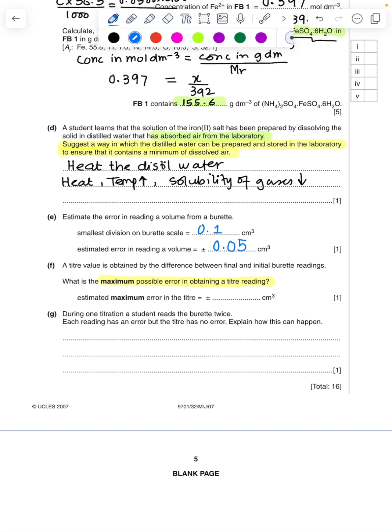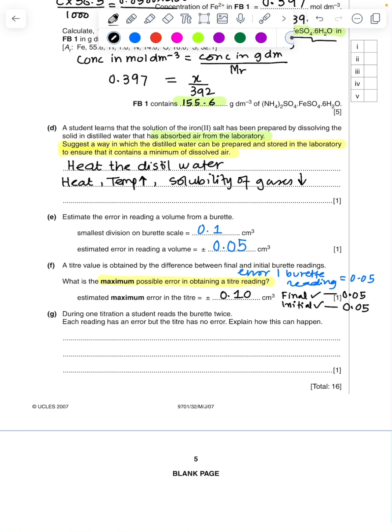So you should know that one burette reading has an error of 0.05. So when we do the titrations, we take two readings at one time. We take the final value and we take the initial value. So I have a 0.05 error in this value, then I have a 0.05 error in this value. So the maximum error turns out to be 0.10 cm cube, which is going to be the sum of these two readings that we have taken.